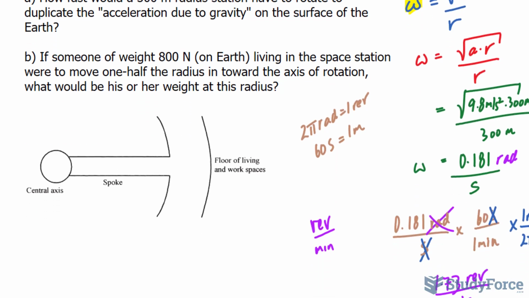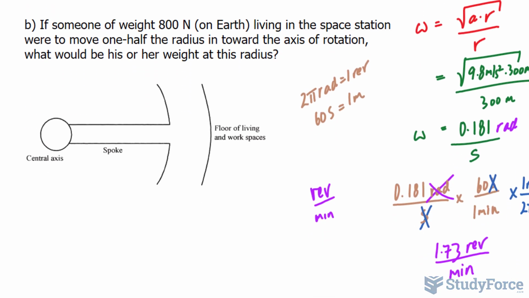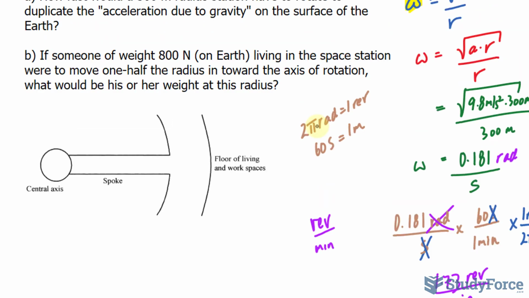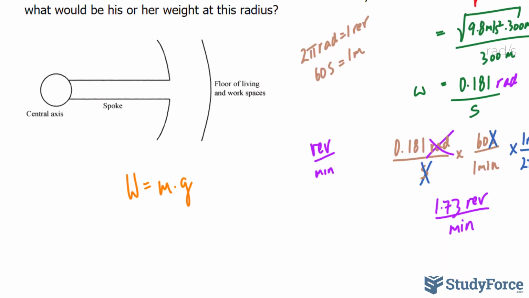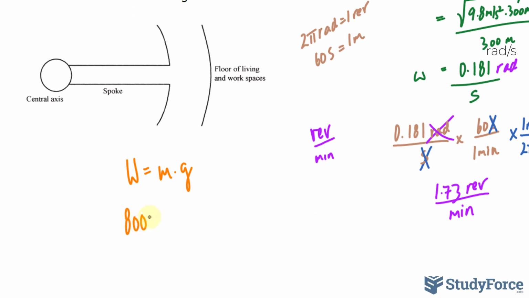And in part B, we're asked if someone of weight 800 newtons living in the space station were to move 1/2 the radius in towards the axis of rotation, what would be his or her weight at this radius? Now to be successful here, you need to remember that weight is equal to one's mass times the acceleration due to gravity. We are told that the weight of this person on Earth is 800 newtons.